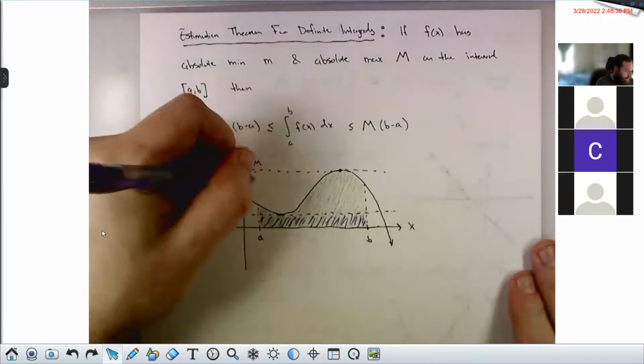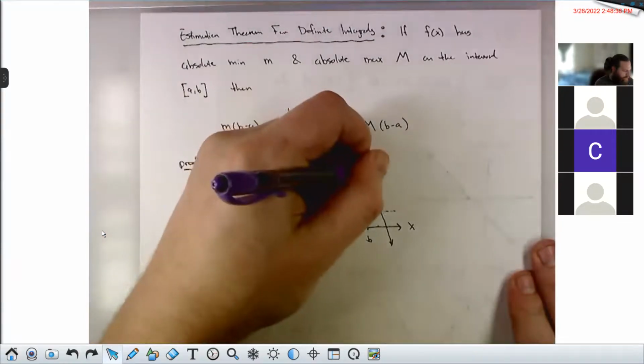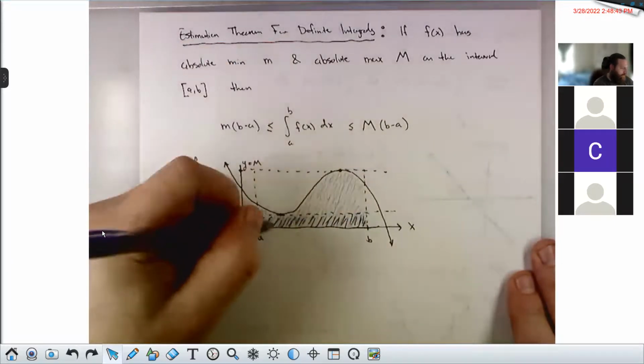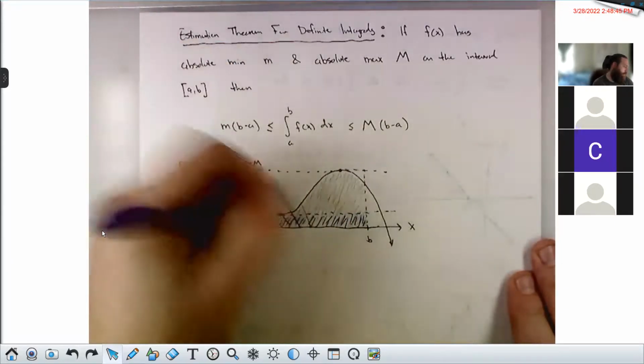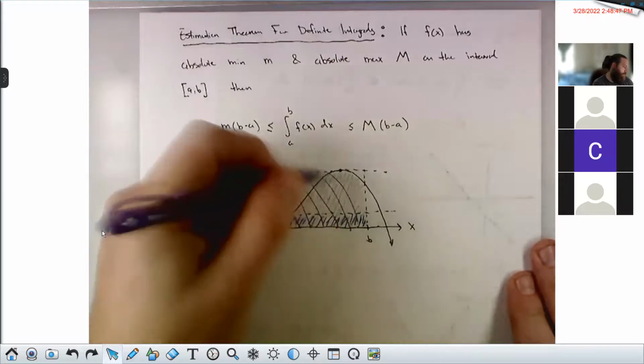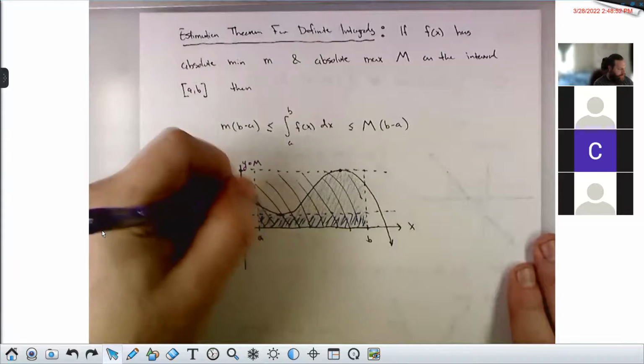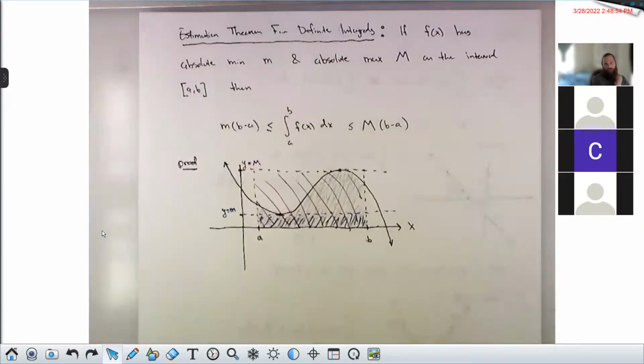And the purple area is necessarily larger than the pencil area because the pencil area fits inside of it.